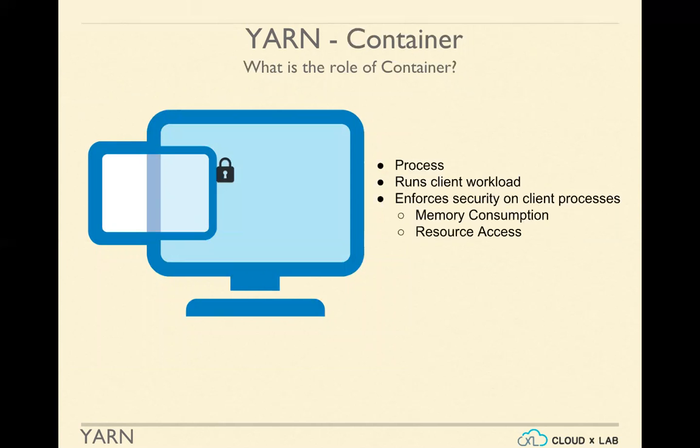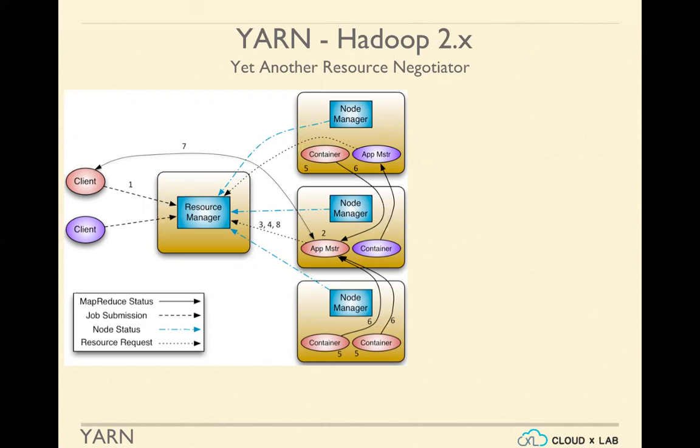All right, Gaurav, let me answer your question. The client submits the application, right? And the resource manager launches the application master inside a container. After talking to the node manager, the resource manager launched the entry point of your program.